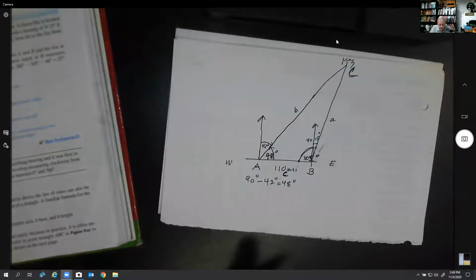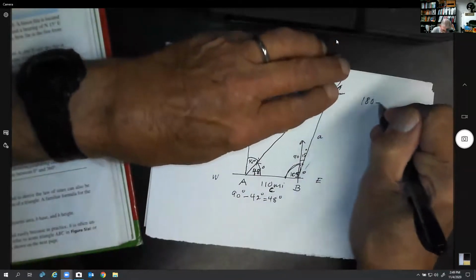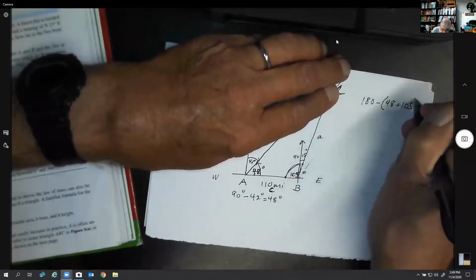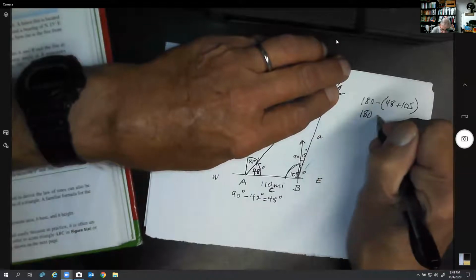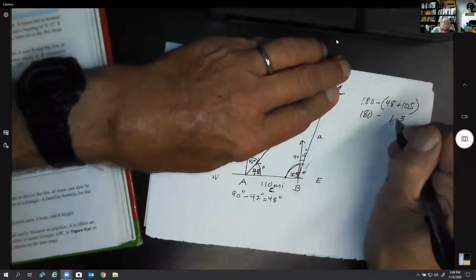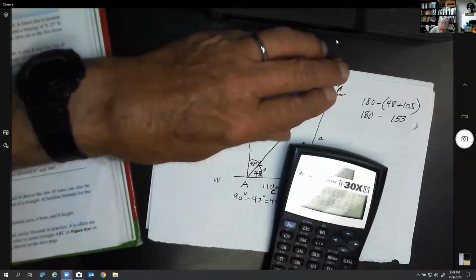Okay, so let's figure out angle C right away. 180 minus 48 plus 105. 180 minus, let's see, 5 and 8 is 13, 153. What is that, 27? Let's double check it and make sure.